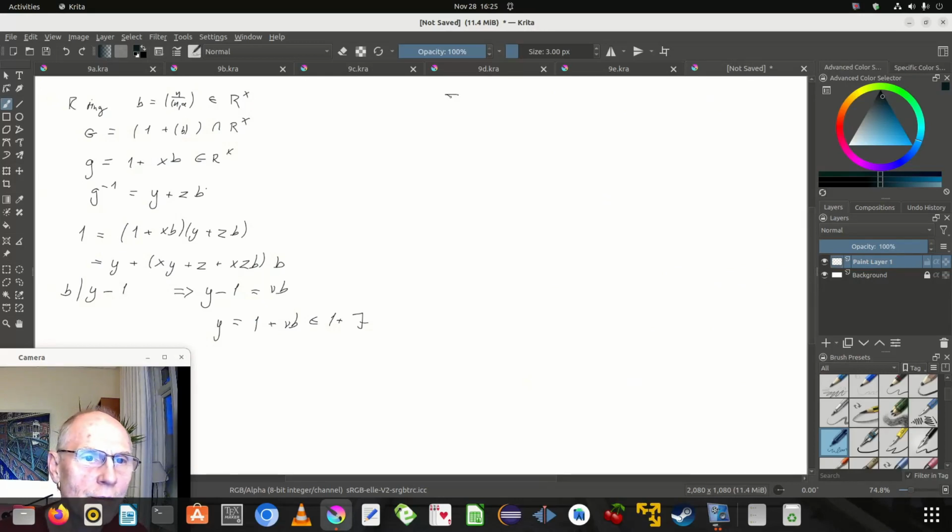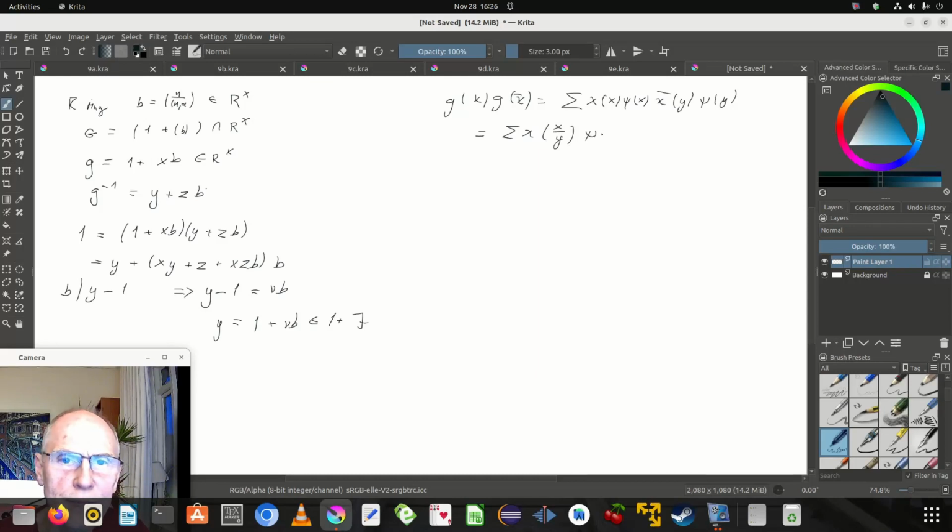So we have the sum, let's do it, E of chi, E of chi bar, chi of x, psi of x, chi bar of y, psi of y, psi of chi of x divided by y times psi of x plus y, and we introduce the new variables.